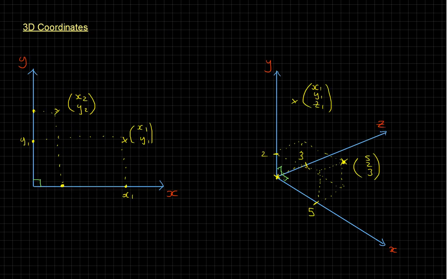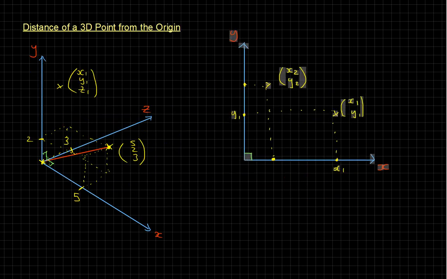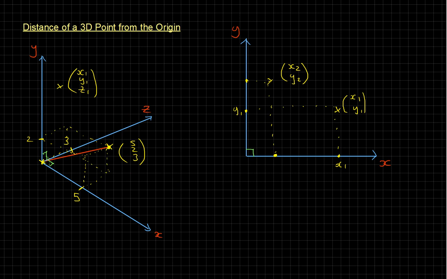In fact, let me just go back and borrow the 2D space version as well. Okay, so for 2D space, if I just focus on the x1, y1, in fact, let me give it a specific point. Let's just go with 5, 2, keep it simple. So let's say that's 5, that's 2, and I'm going to mark that point there.